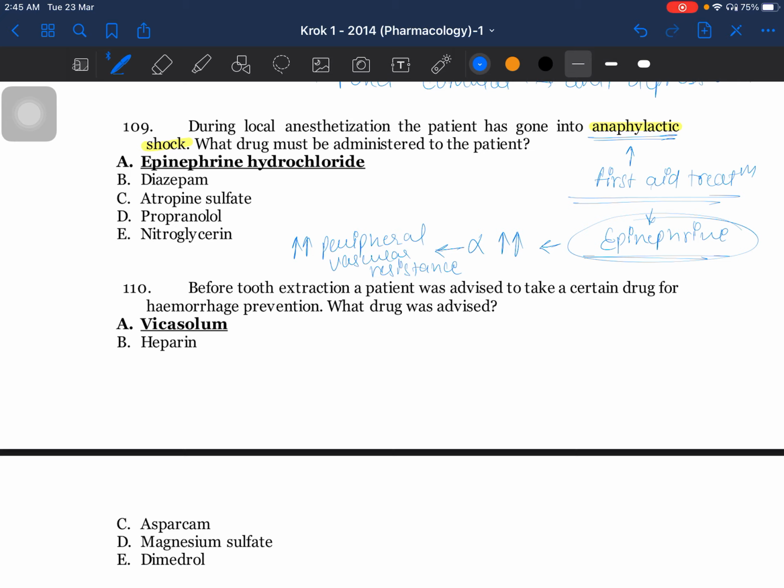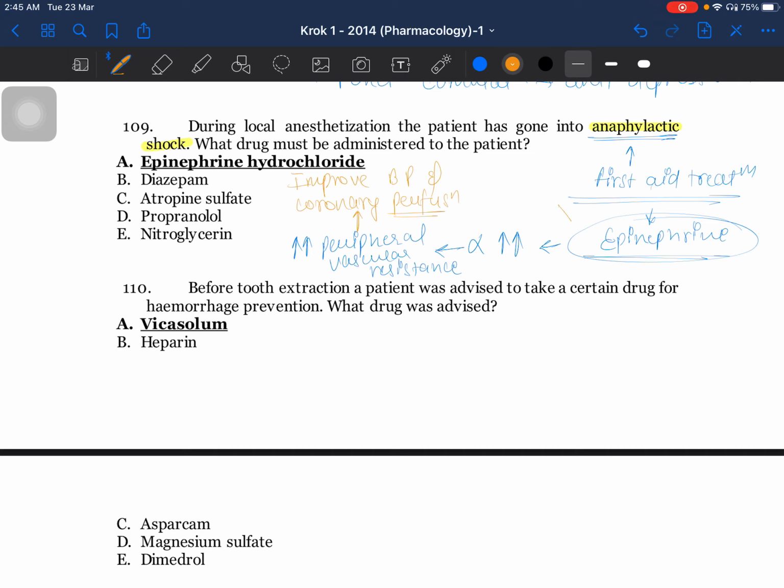Now, when the peripheral vascular resistance increases, it improves the blood pressure and the coronary perfusion, and it also helps in reversing the peripheral vasodilation.